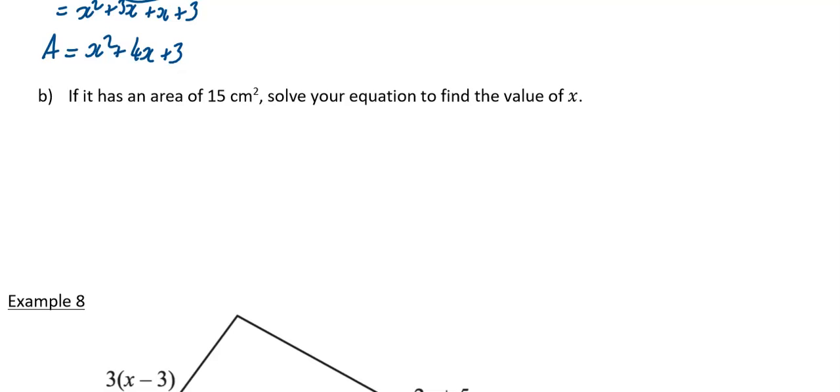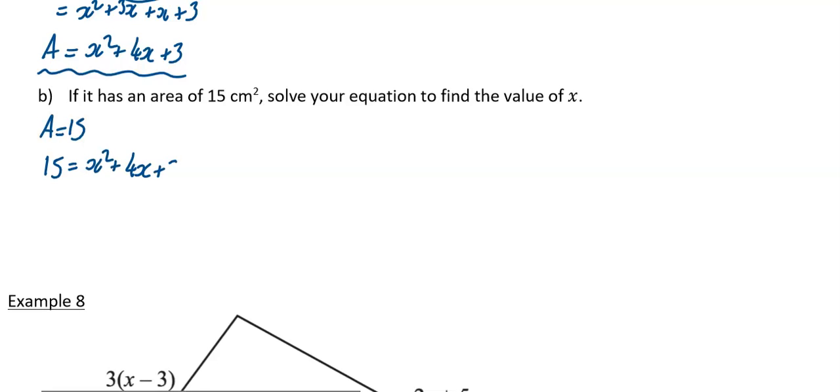Next part of this question says, if it has an area of 15 centimeters, solve your equation to find the value of x. So we now know the area is equal to 15, and you also have left that up above. You know that your area is equal to x squared plus 4x plus 3. So A is equal to one thing and A is equal to something else, so put those two things equal. So put 15 equal to x squared plus 4x plus 3. Now this is a quadratic equation, but to solve a quadratic equation, you've got to bring everything to one side, so there's a 0 on one of the sides.